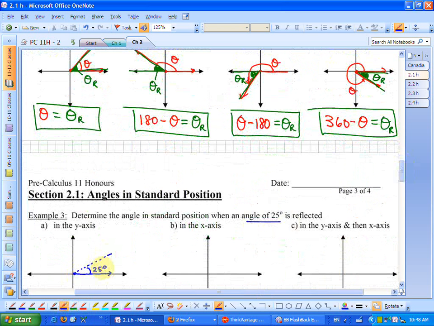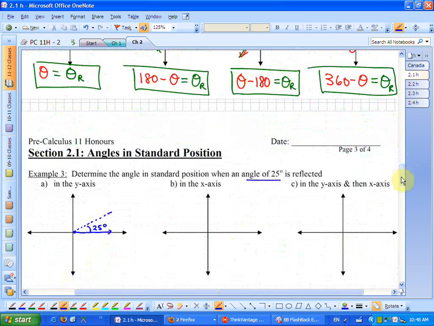Now, what does it mean when I ask you to reflect in the y-axis? I'm going to take this angle and stick it over there. So where does it become? Here is where the angle actually becomes. So this is the angle that I'm looking for. That's theta. And what's this tiny angle here equal to that I'm going to put in green? What's the actual measurement?